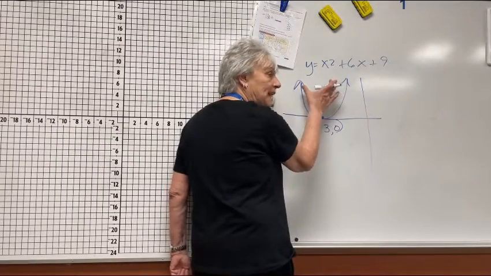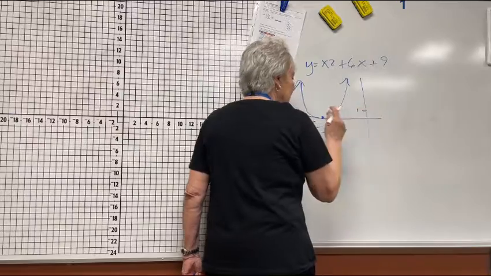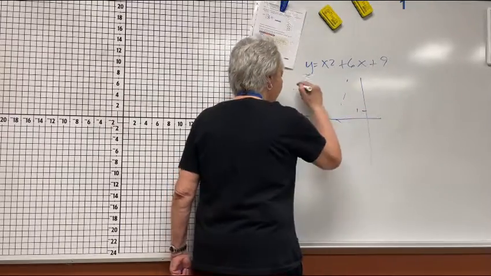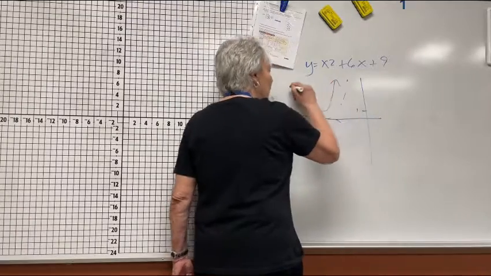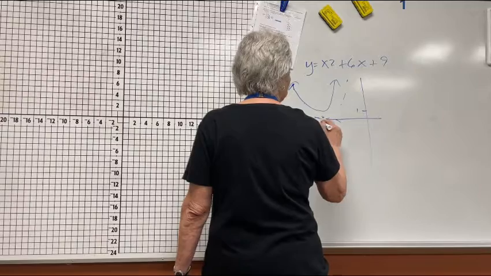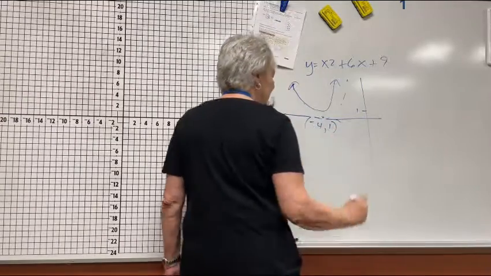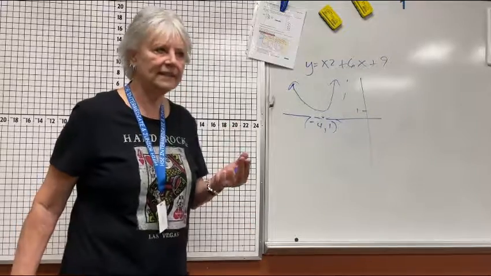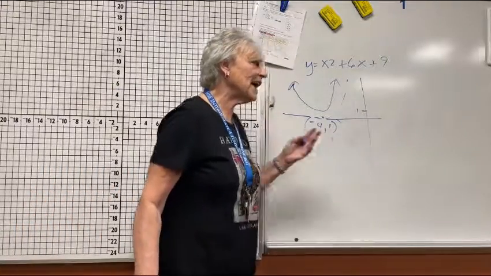If I moved it up 1, let's say this would be -4, 1. The minimum value is 1. Don't get mixed up with x and y.